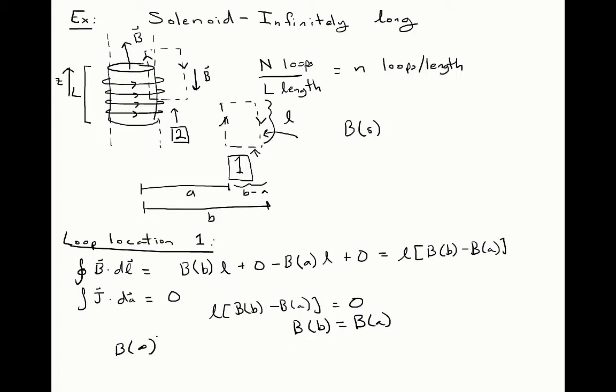But I'm a physicist, so I'm kind of sloppy, so I just write B of infinity. You would think that infinitely far away from the solenoid the magnetic field should be 0. But based on this, it can't vary. So what this tells us is that the magnetic field has to be 0 everywhere outside the solenoid.